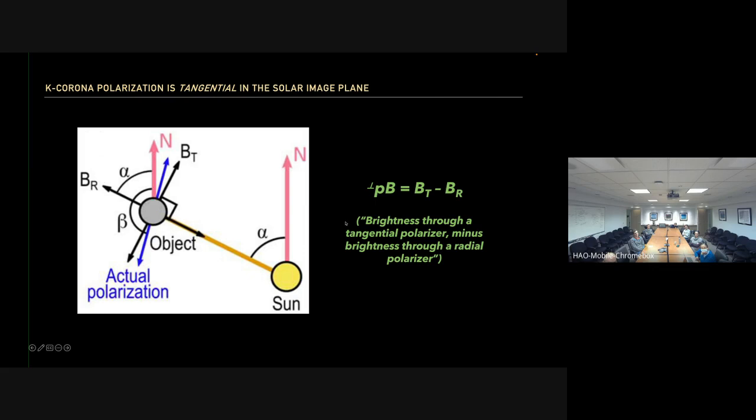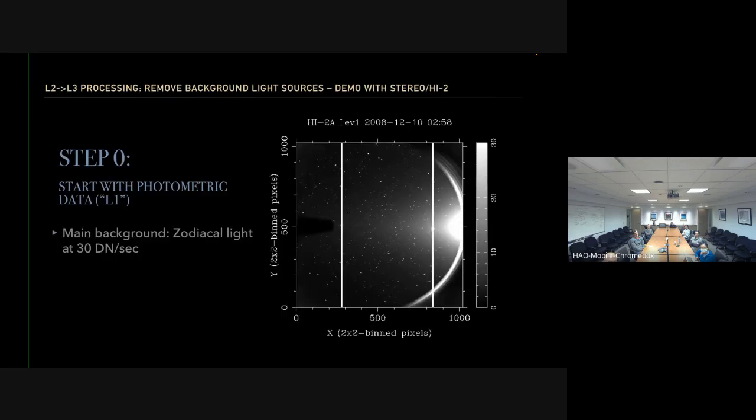And especially if you've used any of the MARK data from the top of Mauna Loa, you know BT minus BR is what you're seeing, right? It's the brightness through a tangential polarizer minus that through a radial polarizer. That excess polarized brightness reflects the density in the corona.